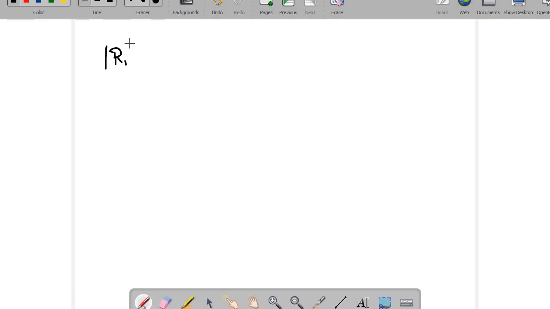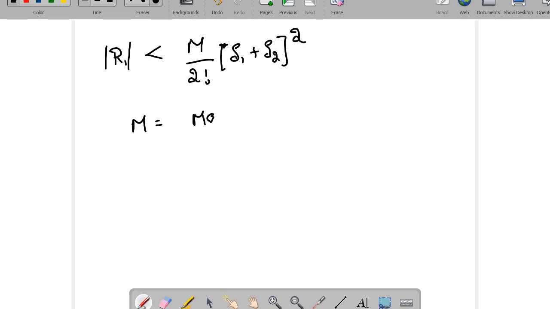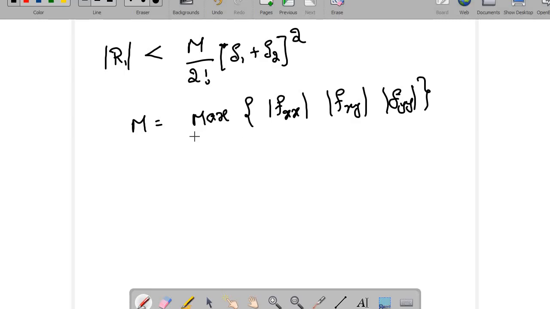In the first degree approximation, the remainder is less than or equal to M over 2 factorial times (delta 1 plus delta 2) whole square, where M is the maximum of the absolute values of the derivatives fxx, fxy and fyy over the rectangular region.